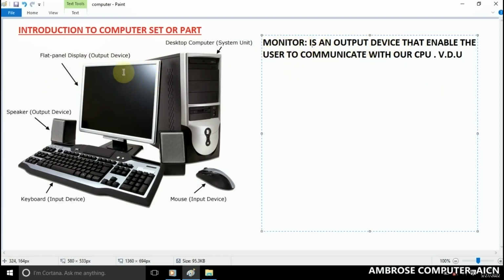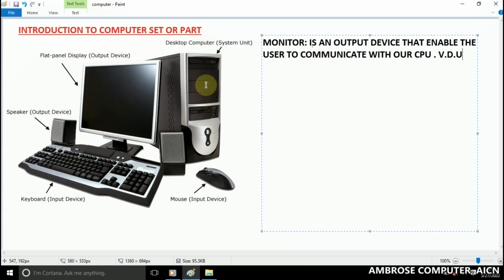So the monitor helps the user. The user can be you, it can be me, it can be Ambrose, it can be Amechi, whatever. The user can be you who is watching this video. As long as you sit down in your office and you are using your computer, the information you see on the screen of this monitor is not really inside the monitor, it is inside the CPU.